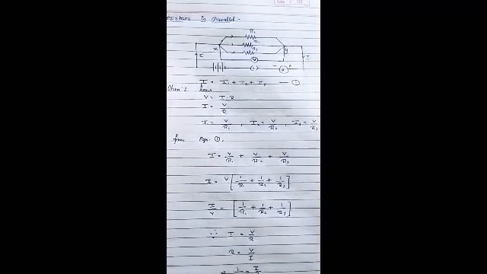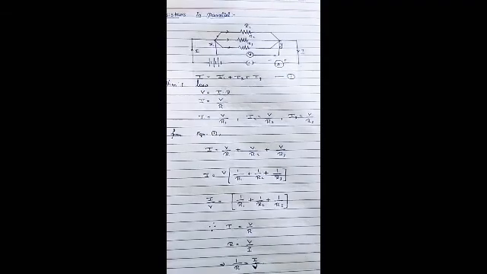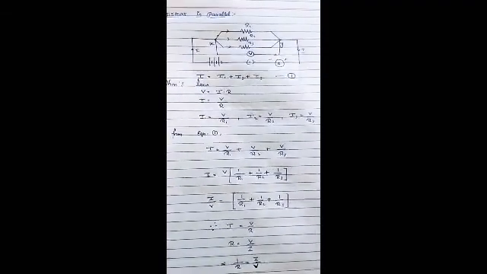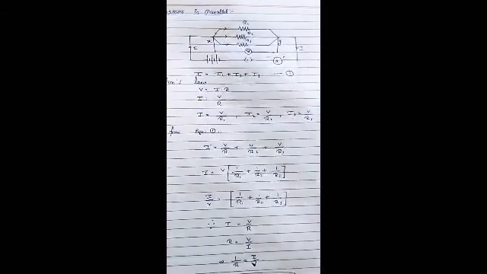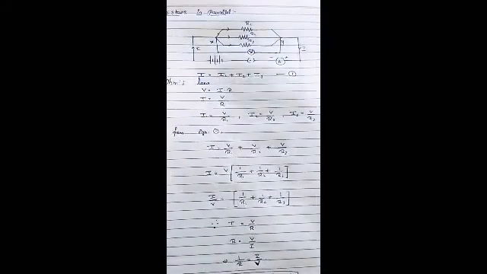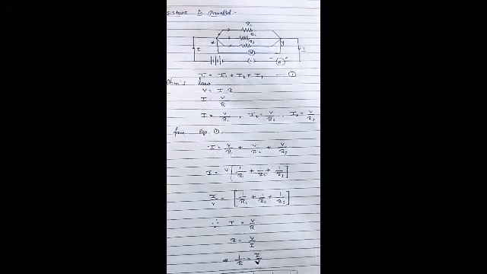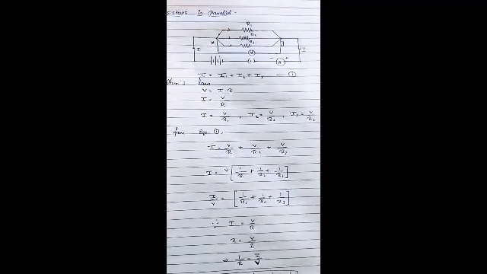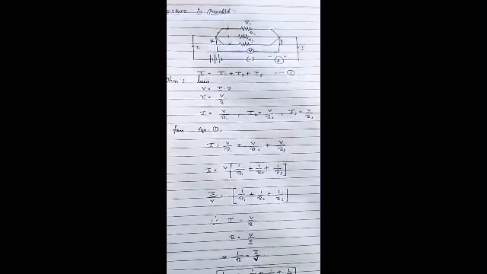If three resistors are connected in series, the current is the same and the potential is different. If three resistors are connected in parallel, the current is different and the potential is the same. The voltage is the same across R1, R2, R3, there is no change, but the current flowing through R1, R2, R3 changes.